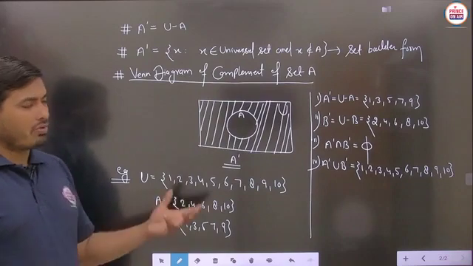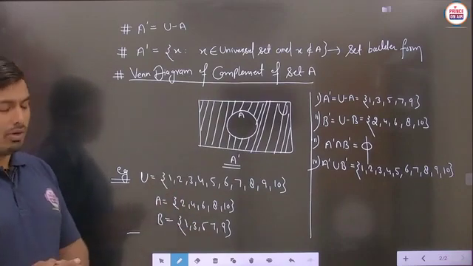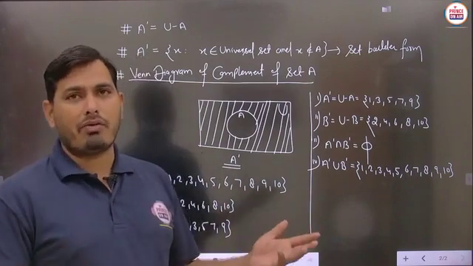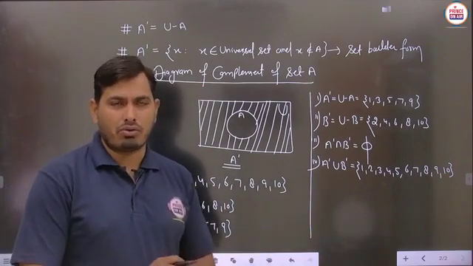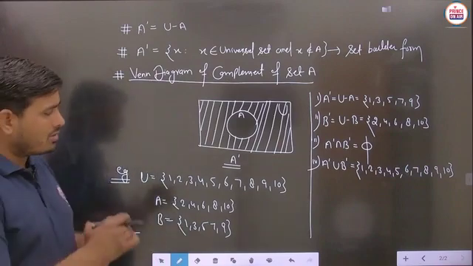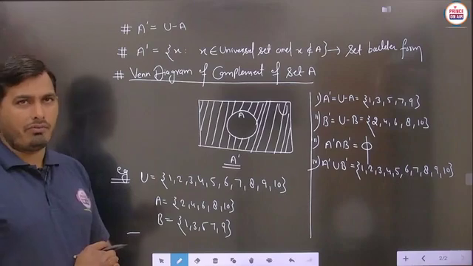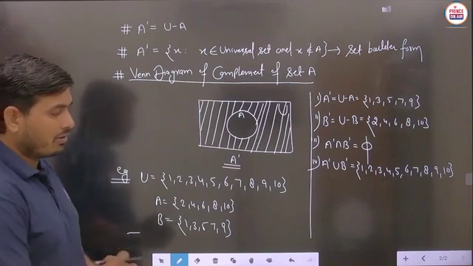But before that, students, pause the video to note it down. After that we will take some more examples, because sometimes set builder forms are also given. Then how the answers for complementary sets are given using set builder form, we will see in the next part.